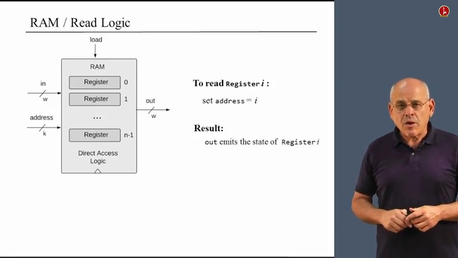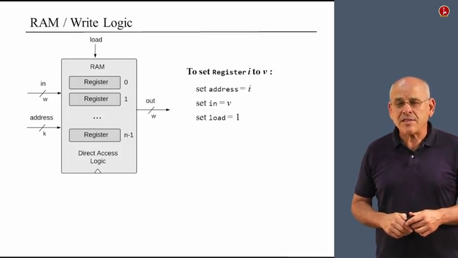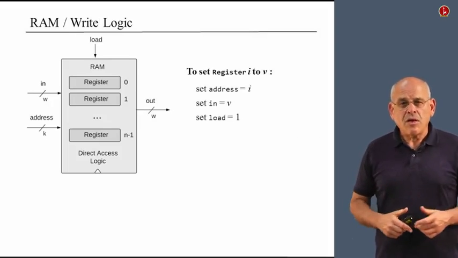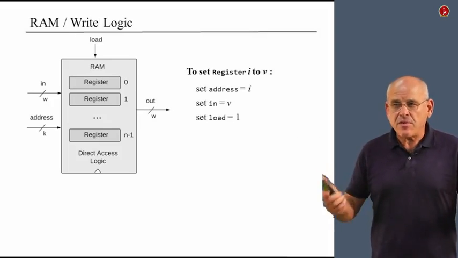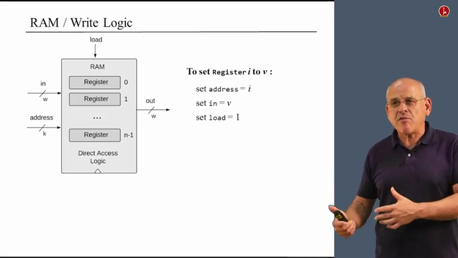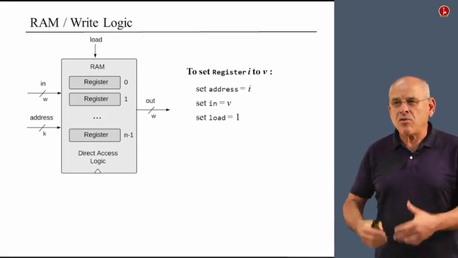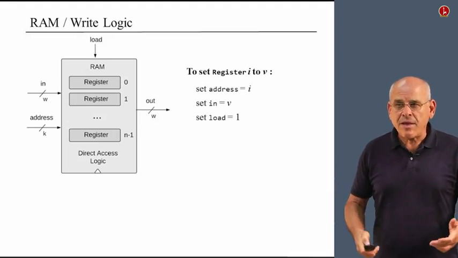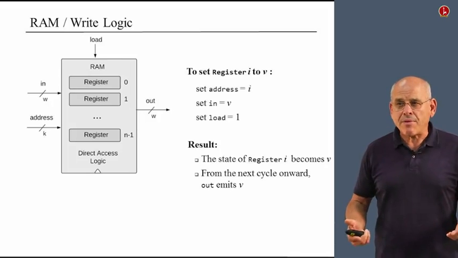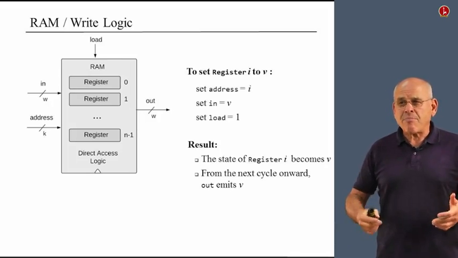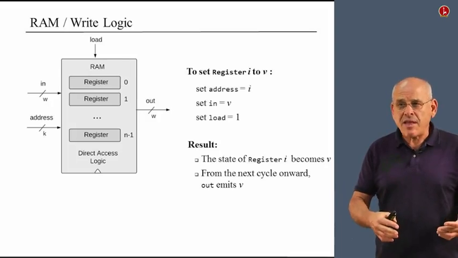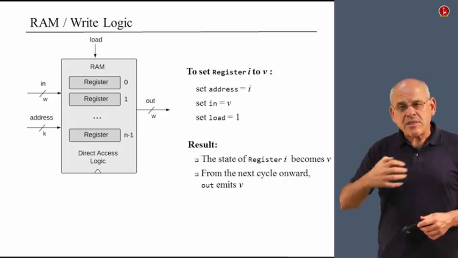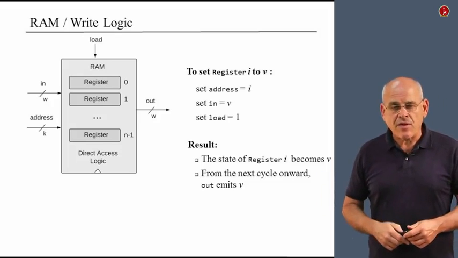What about writing? Well, writing is slightly more involved. If we want to write something into register number 5, using the same example, we set address to 5, we set in to 17, for example, we assert the load bit, and here's what will happen. The state of register number 5 will become 17, and from the next cycle onward, the RAM will start to output this value as well.